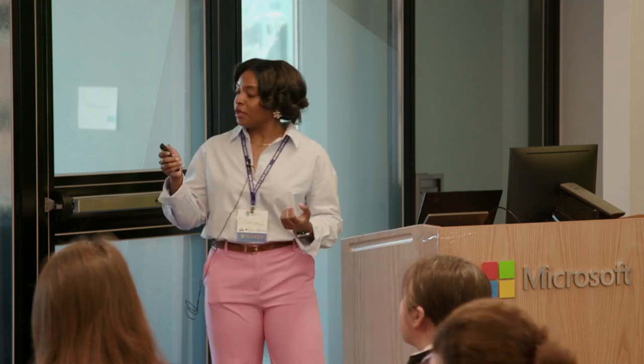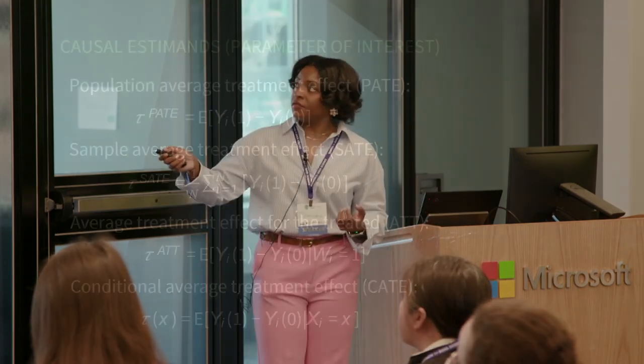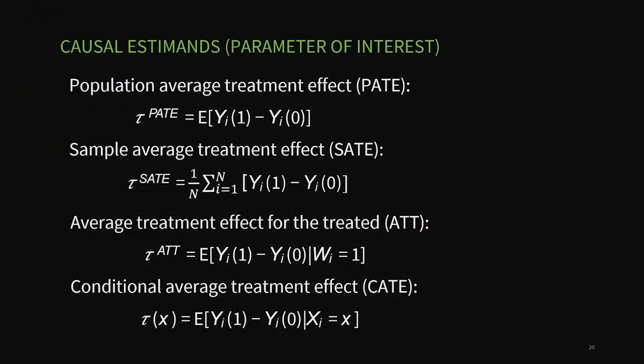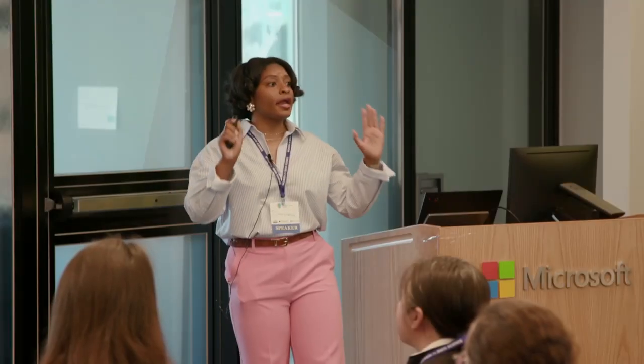It's a very simple calculation, because if you recall, we have a distribution for each of our potential outcomes, a distribution for our outcome under treatment 1, and a distribution under treatment 0. And being that we have these two distributions, we can compare them and get another distribution.